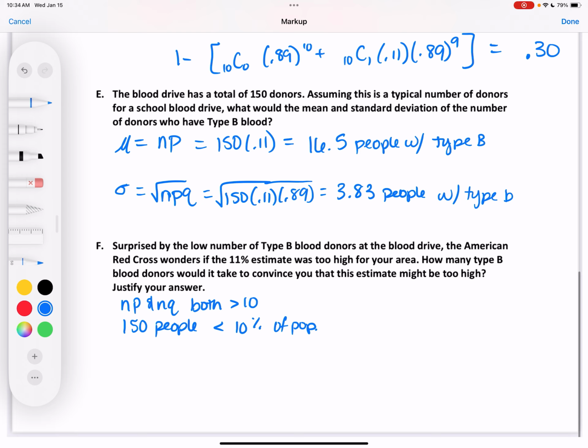There is a too big at a point, but not in this scenario. If we had a billion people, that would be too big. So we've got 16.5 people with type B and 133.5 without type B.